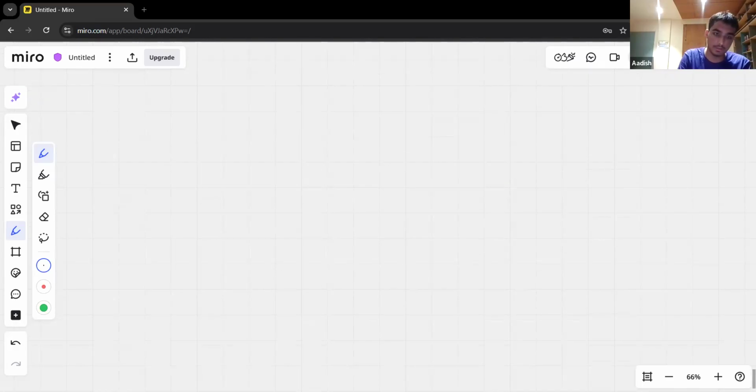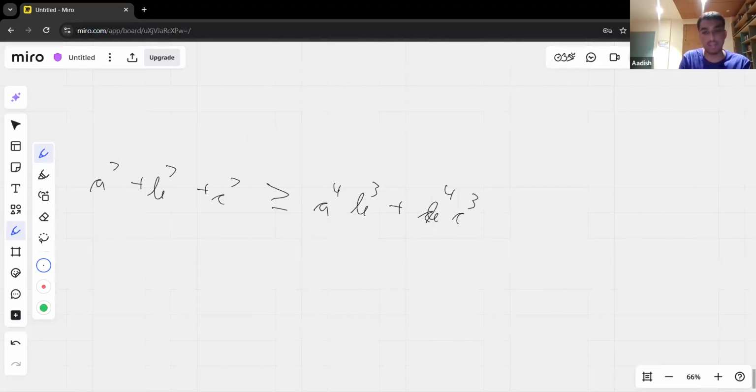So we want to prove a to the 7 plus b to the 7 plus c to the 7 is greater than or equal to... Sorry, we cannot use Muirhead here. For those of you who don't know what Muirhead is, don't worry about it.